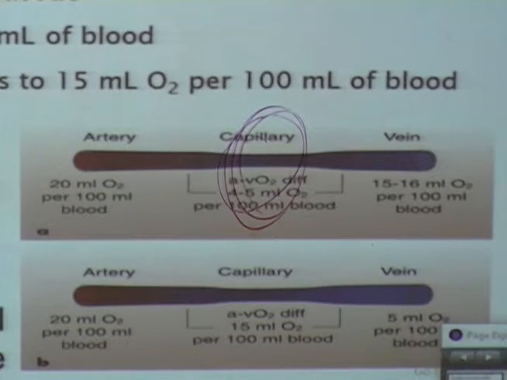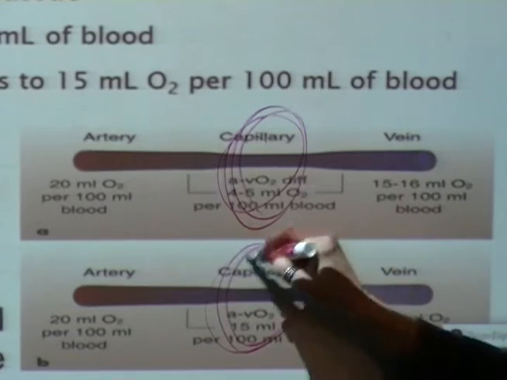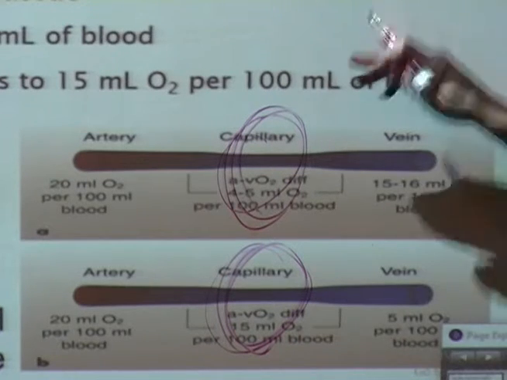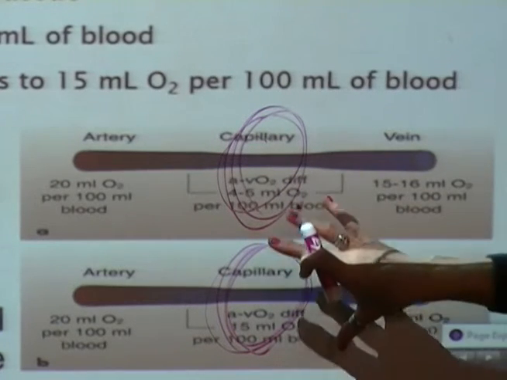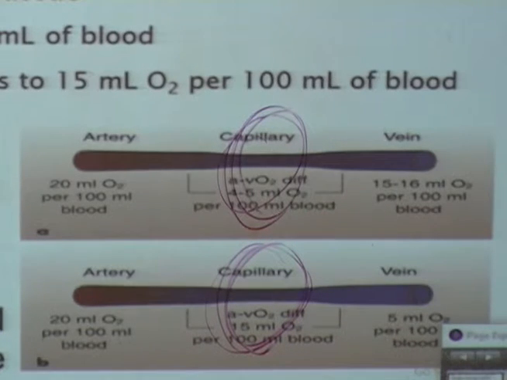So now I have an AVO2 difference of 15 milliliters of oxygen that left the bloodstream and entered the muscle tissue. That's all that is saying. They use this big fancy term and freak everybody out, and that's all it's telling you. How much oxygen left the bloodstream and entered the tissue.